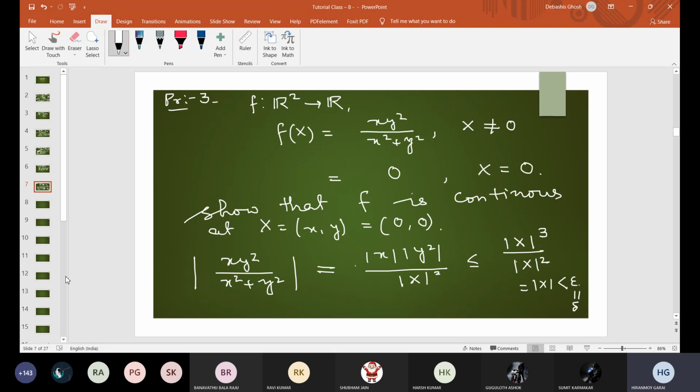So we can say that f is continuous for all x belonging to R2.